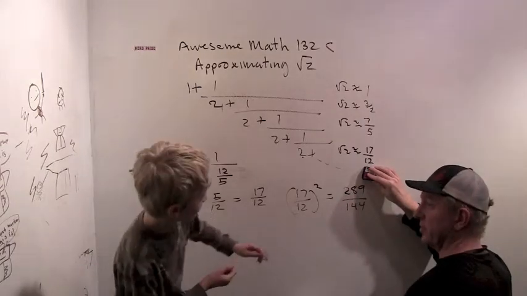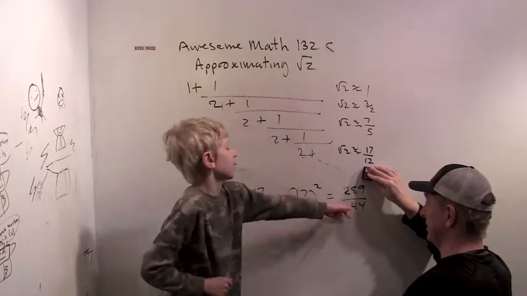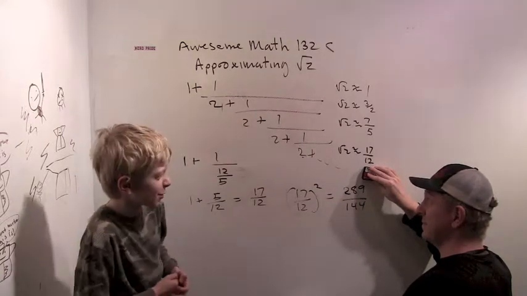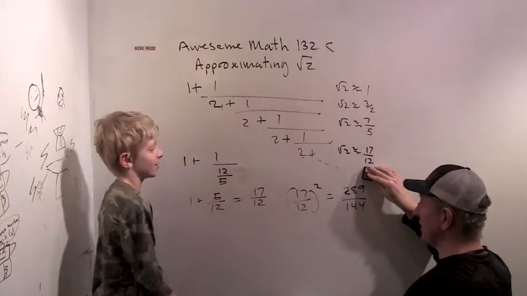Very good. Is that almost 2? If you multiply the bottom by 2, you get 288, and it's 289 over 288. So it's really close, right?